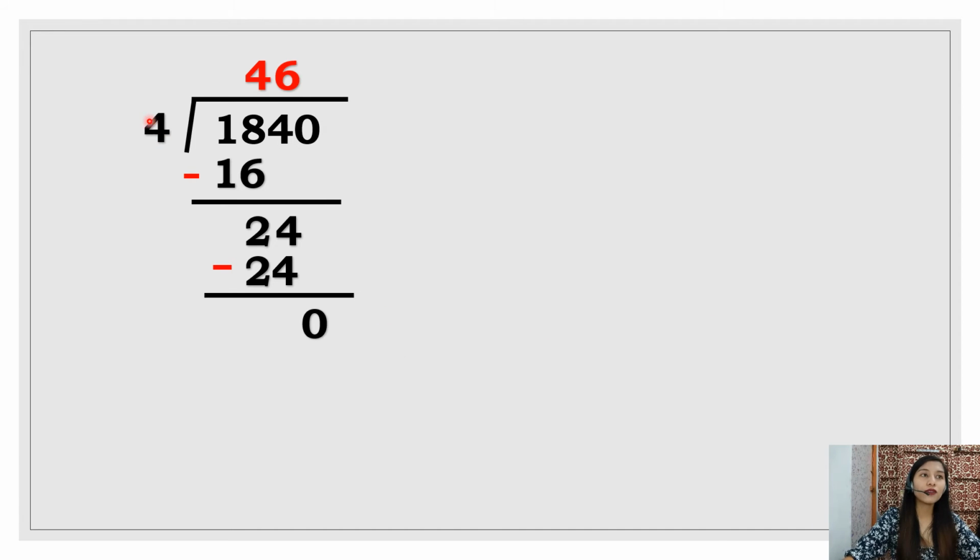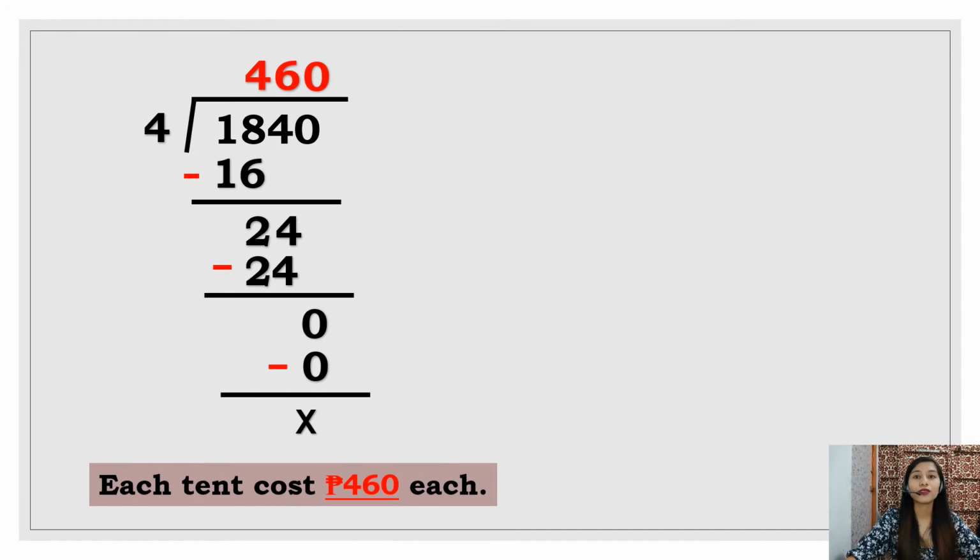So 0 divided by 4 is equal to 0. And then 0 times 4 is 0 also. 0 minus 0 is equal to 0. So the answer is 460. So each tent cost 460 pesos. Okay?